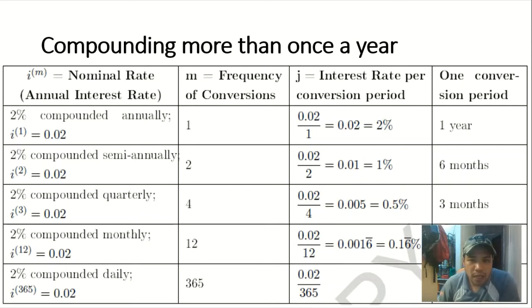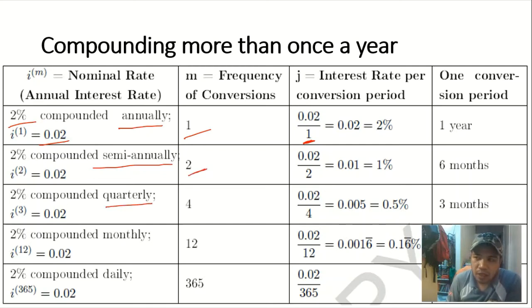Okay, so for the frequency of conversions, given that the nominal rate is 2%, which is 0.02, kapag sinabing compounded annually, ibig sabihin, yung divisor natin is 1. Pag sinabing compounded semi-annually, that will become 2. Quarterly, since quarterly is merong 3 months, may 4 na 3 months in a year, so that is 4.